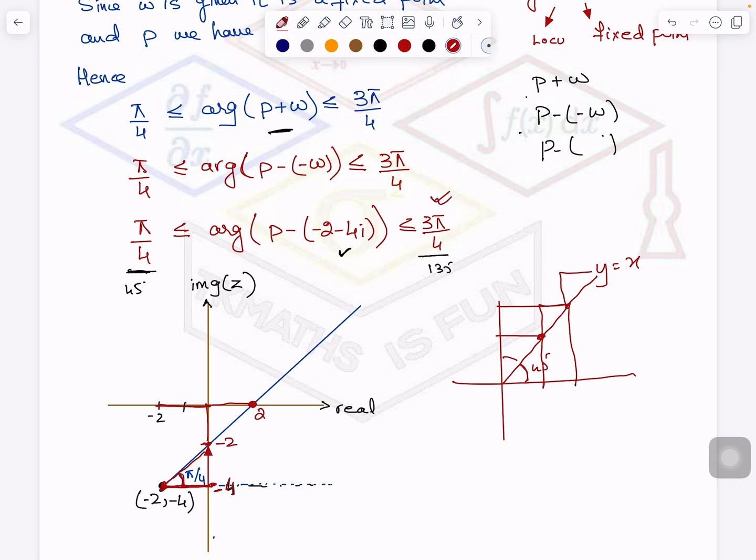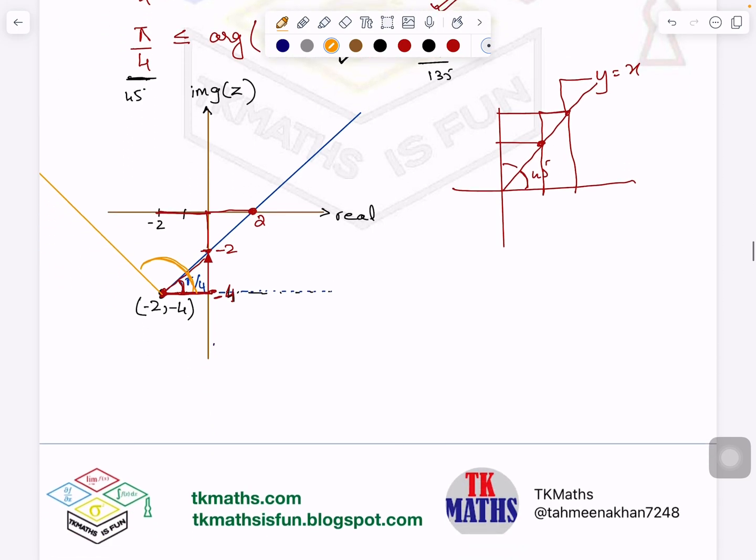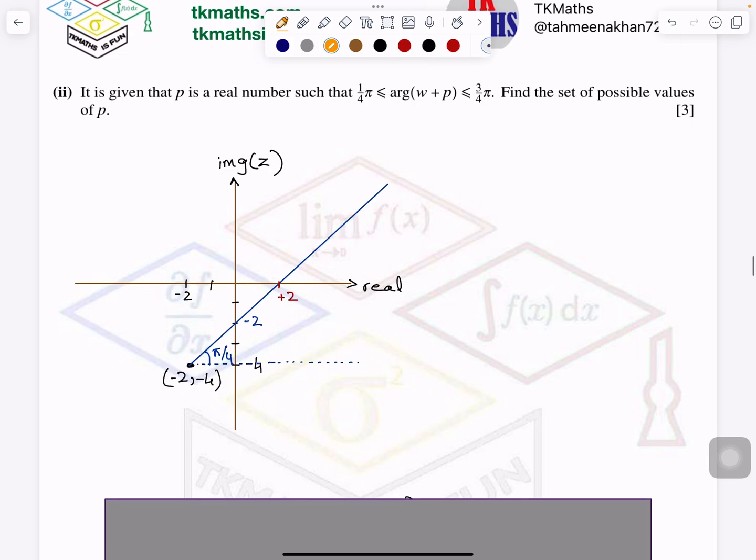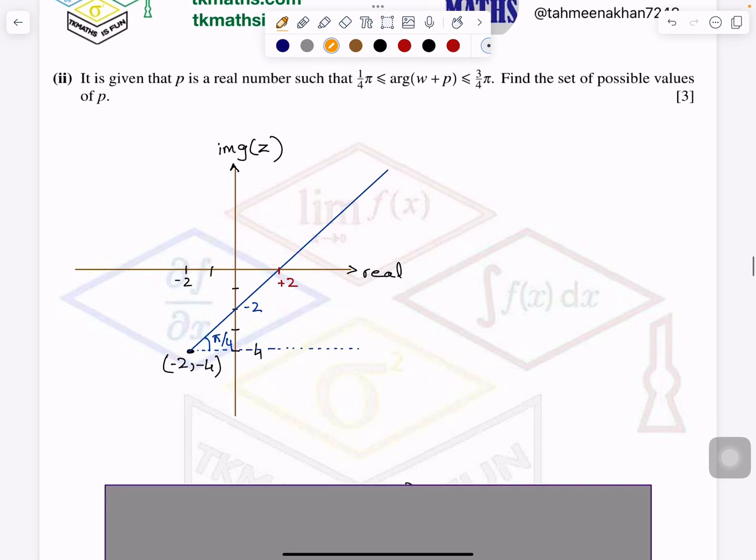Now let me draw 3 pi by 4. So from here only, I will draw a line like this, right? And this angle will be 3 pi by 4. So let's see the next diagram here. Okay, here I have just marked the point +2 and -2, which I was explaining to you.